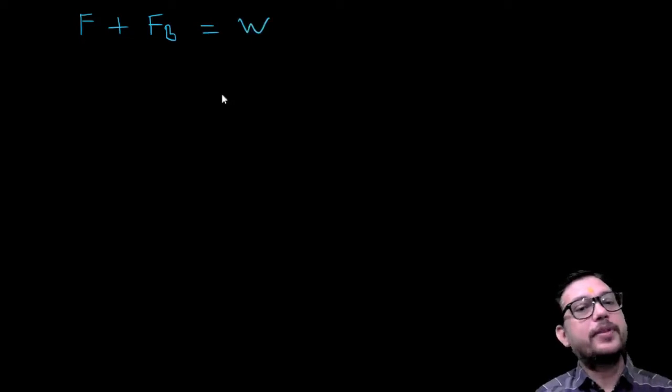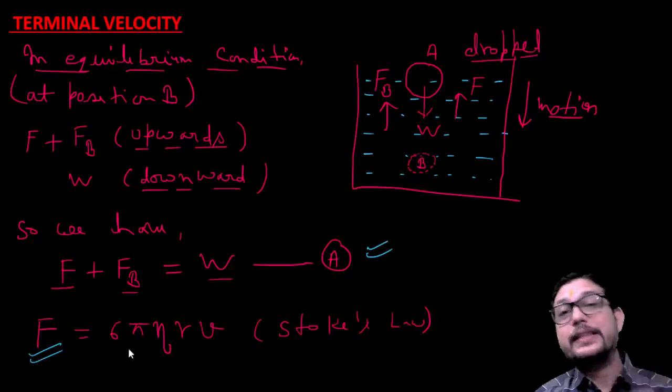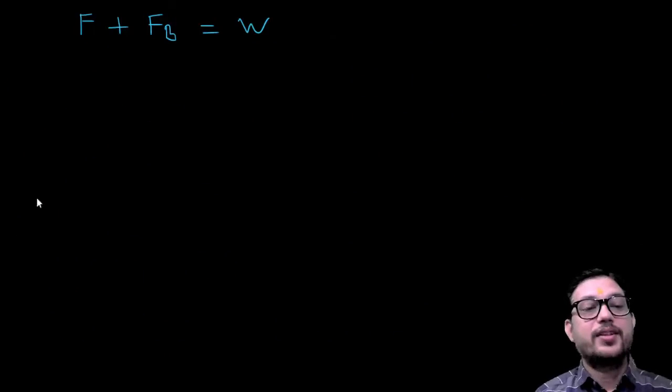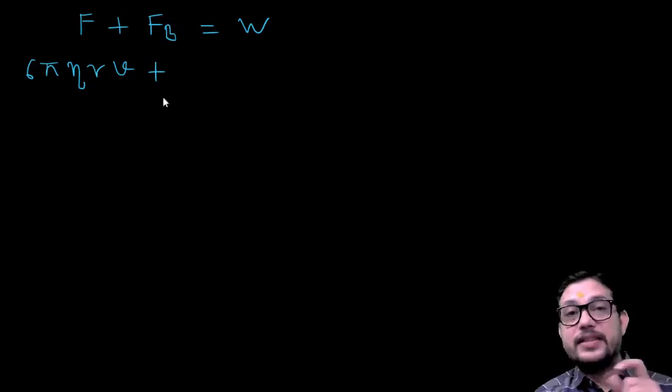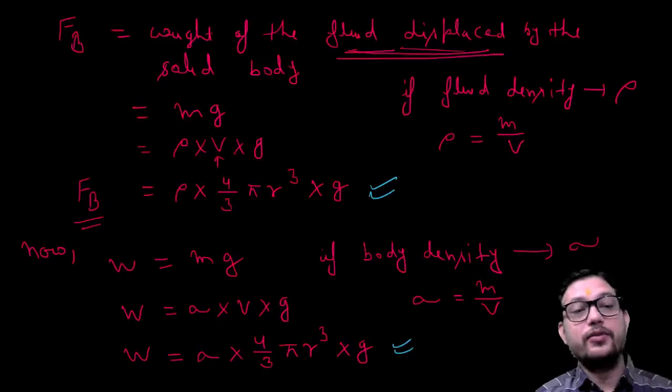So we have the final result, that is F plus Fb, and that is equal to capital W. And what is F? F is your 6 pi eta Rv. So we can write 6 pi eta Rv plus Fb. What is the value of Fb?